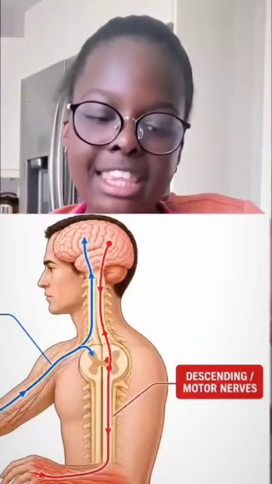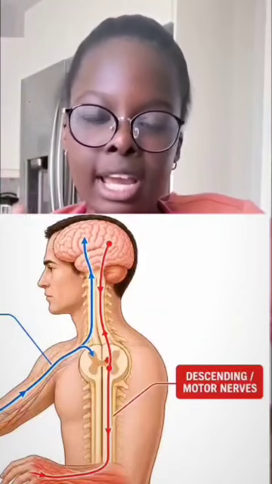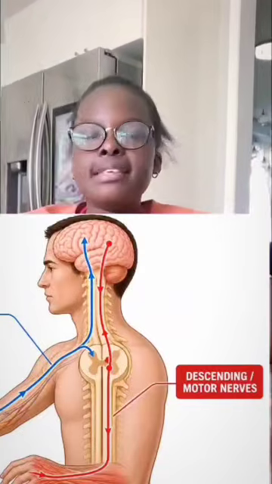When it reaches the brain, the brain makes a decision to obviously move your hand. But when it sends back information, it either doesn't make it there, or it takes so long that by the time you realize that you should move your hand, you're already burned.